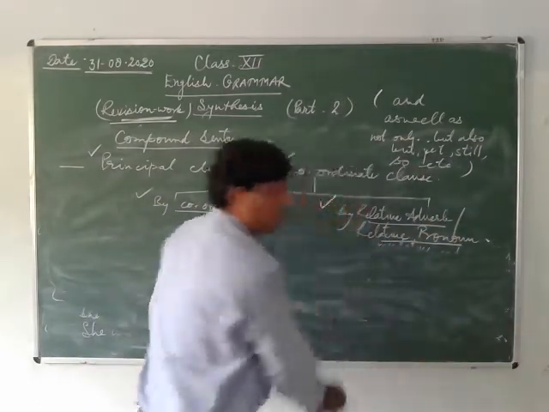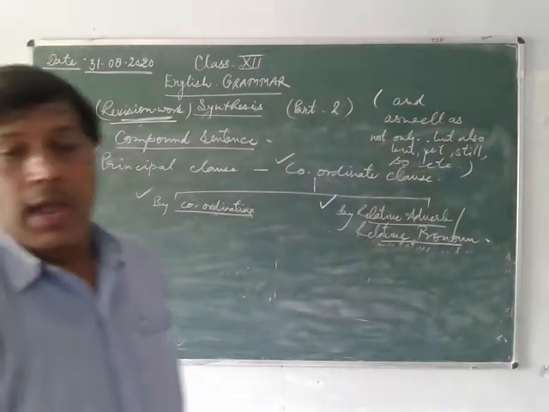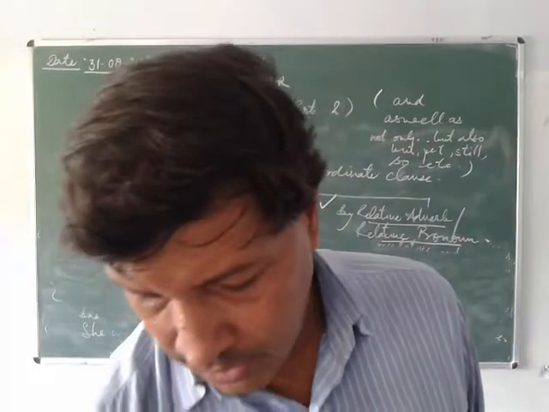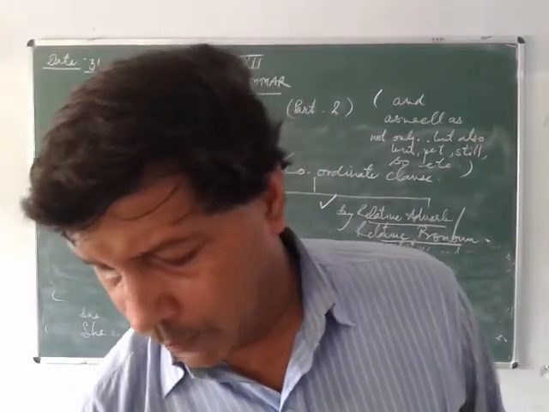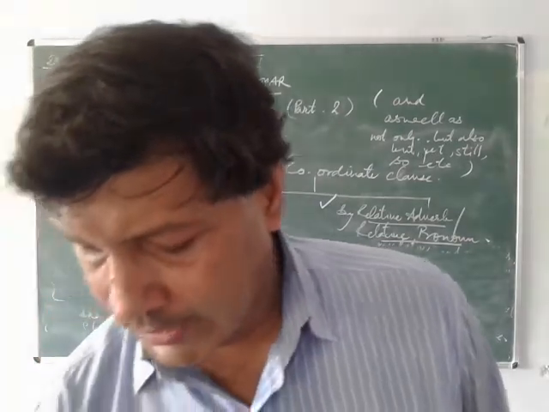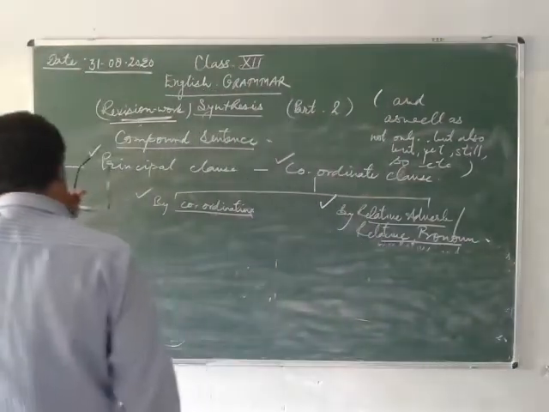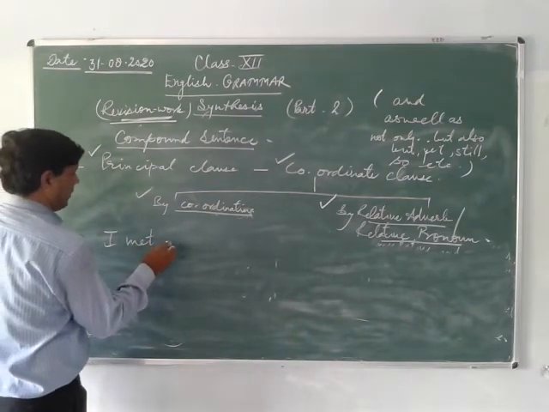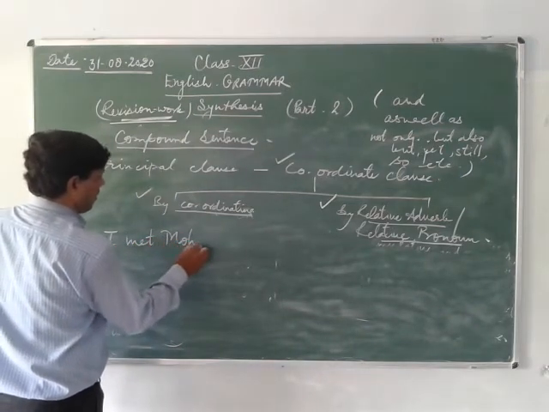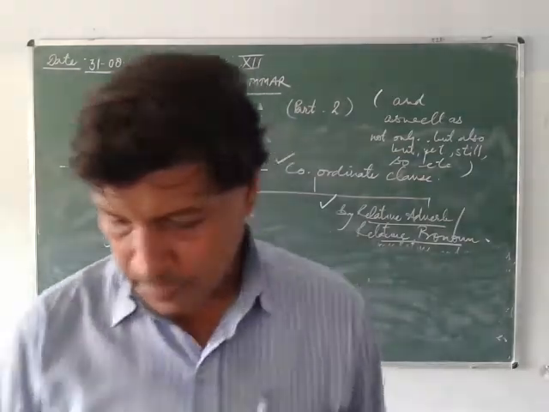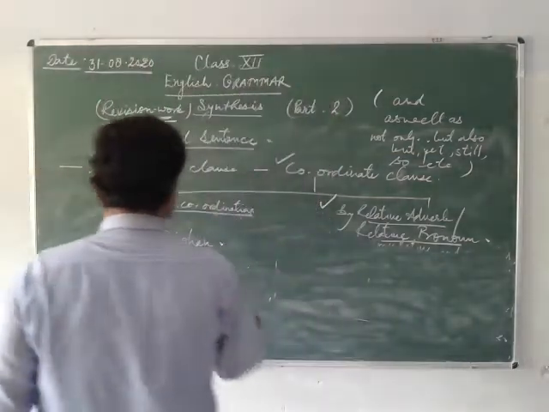It is used in its continuation form. So you can see the example in this sentence also, how you will use it here. I met Mohan. He gave me a book.